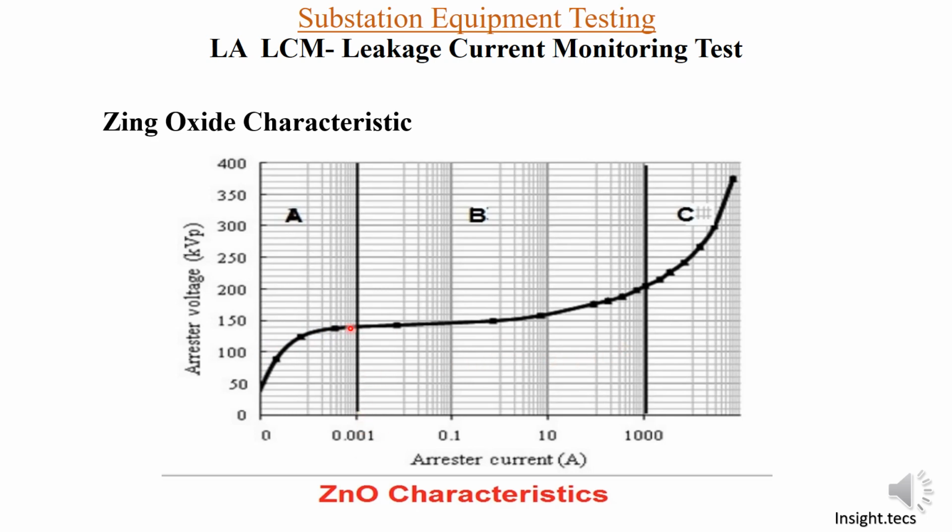But as the voltage increases, it will have low resistance. Low resistance means a high amount of current is flowing through the LA. Because of this particular characteristic of zinc oxide, we majorly use zinc oxide lightning arrestors in the power system.